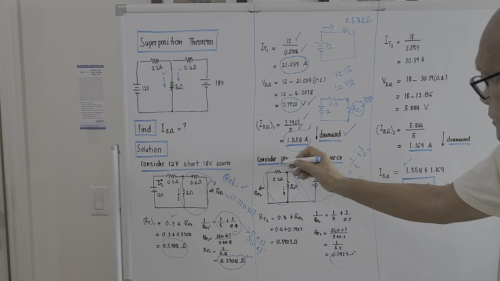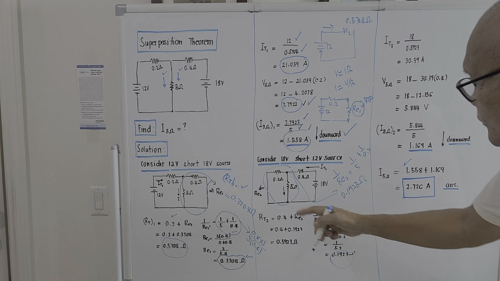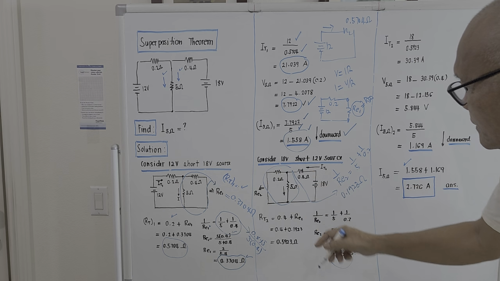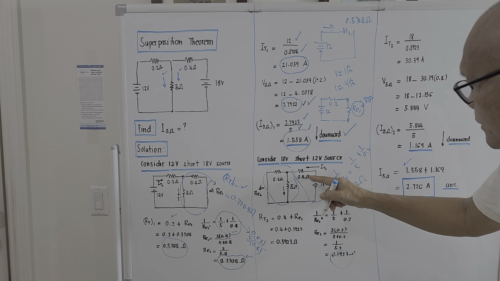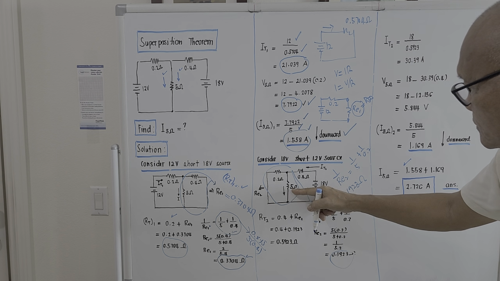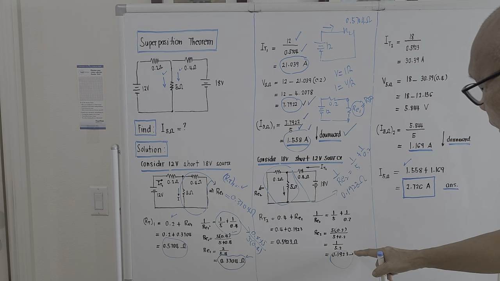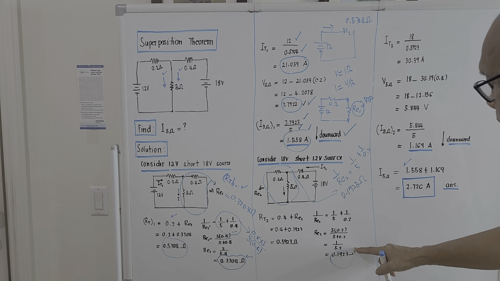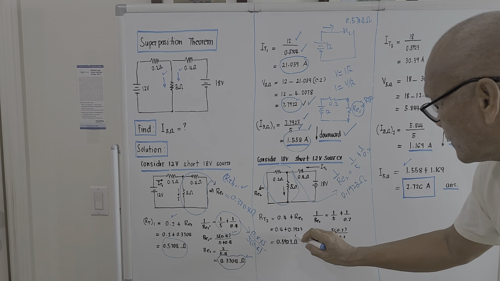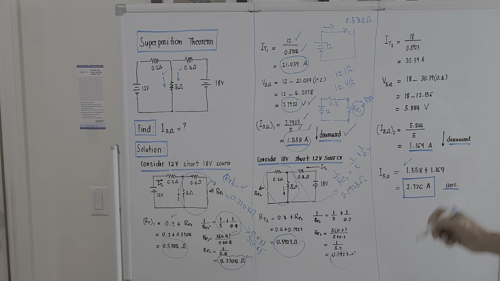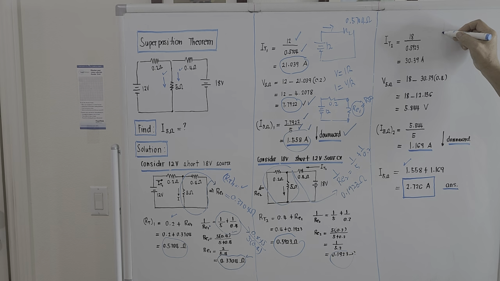So the total resistance of the circuit now, when the 12 volt source is shorted, will be 0.4 plus the single equivalent of this. And as per our computation, it is 0.1923. So it will become 0.5923 ohms. So it seems we are now given a voltage source here and the single equivalent resistance, this is 0.5923.